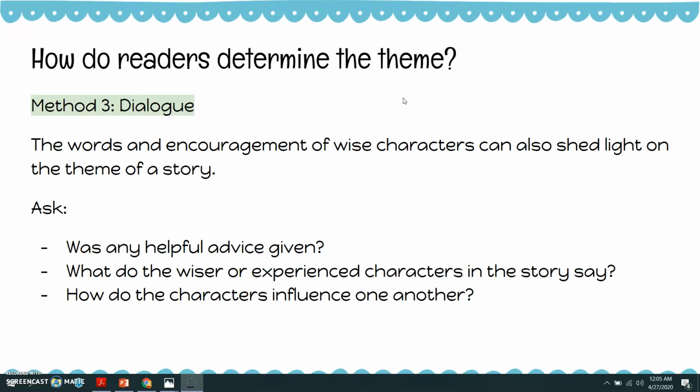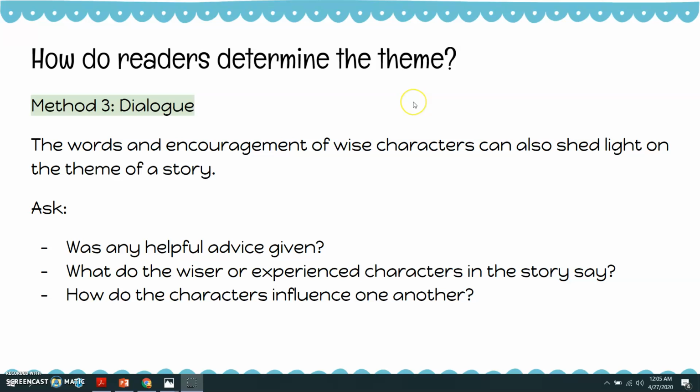How do the characters influence one another? One story that comes to mind right away is Star Wars, the whole Star Wars series. You have lots of wise characters in those stories. And how do the encouragement or words of those wise characters shed light on the theme of the story?